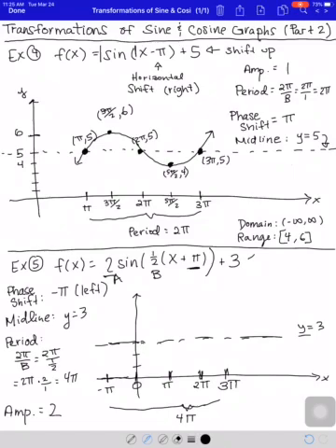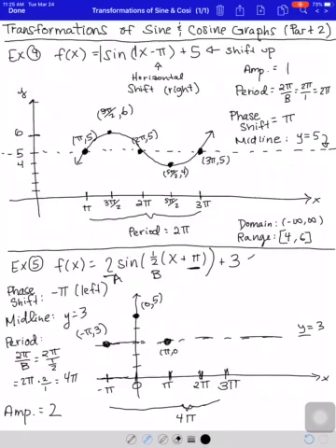All right, so now let's start plotting our graph. So remember, we start on the midline, and then the sine wave goes up, back to the midline, down, back to the midline. Okay, and when we travel up, so we start on the midline, so this is negative pi, comma 3. When we go up, this time we're going to go up 2 units because our amplitude is 2. So we'll have the point 0, comma, what is 2 units above 3? That would be 5. And then we come back to the midline, so this would be the point pi comma 0.